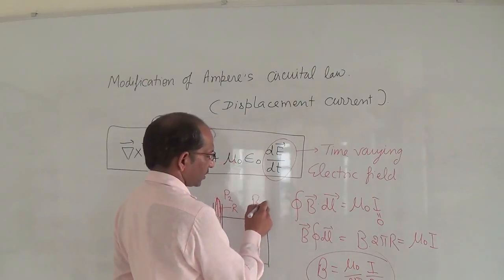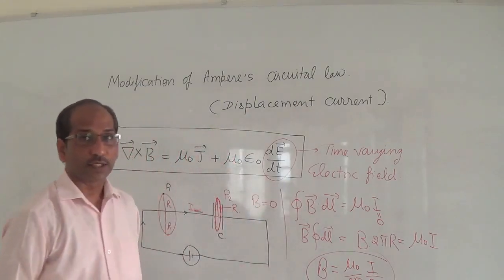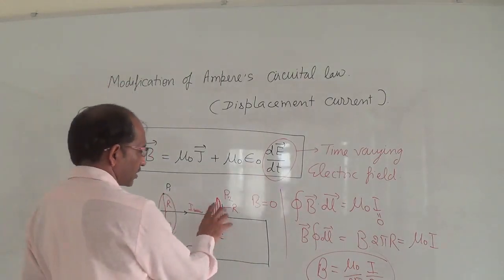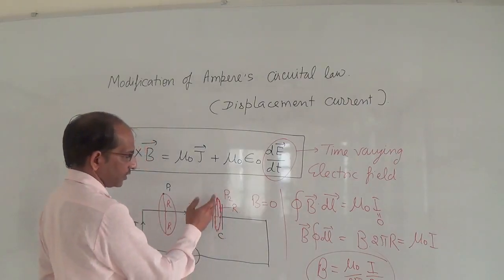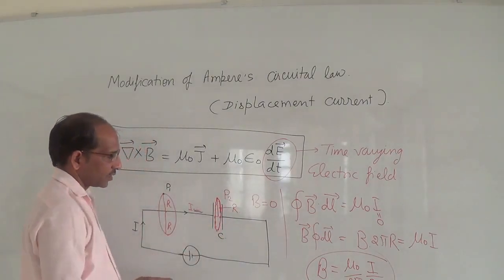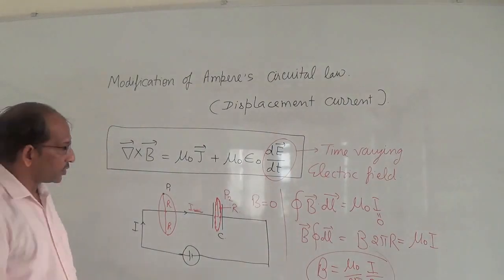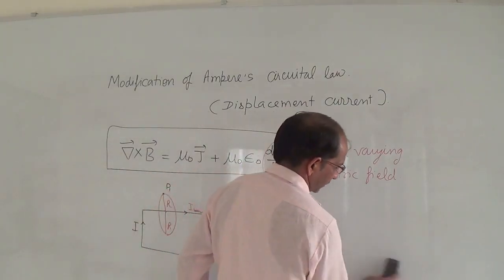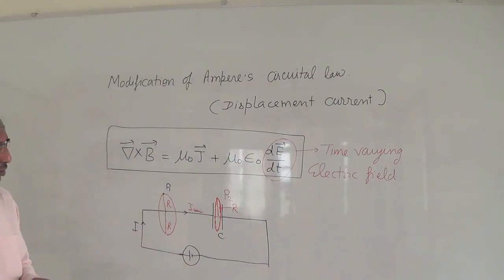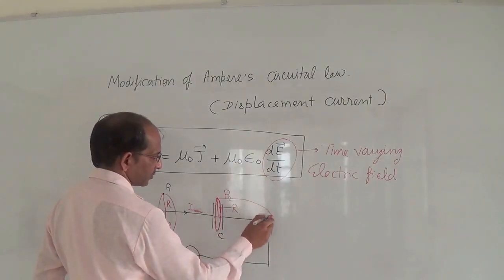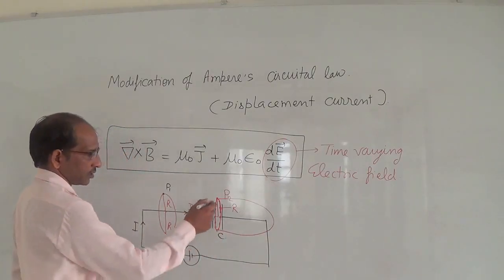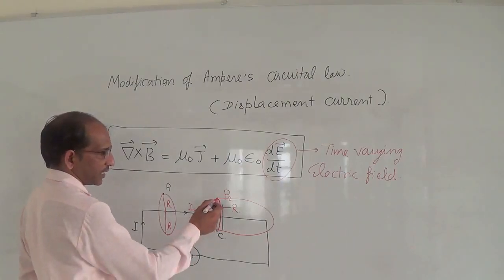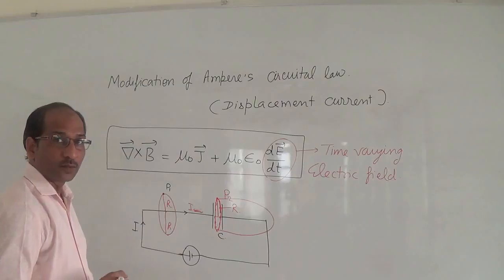So B will be equal to 0 at this particular point, right? So there is no possibility of a magnetic field in this situation. The form of the loop may vary. Suppose I use this particular shape, this is open and this is closed, still there is no current bound, so the magnetic field at this particular point P2 will be 0.